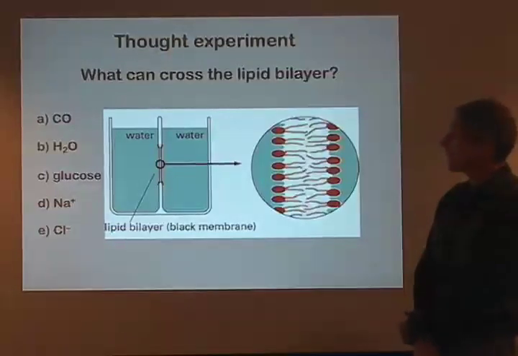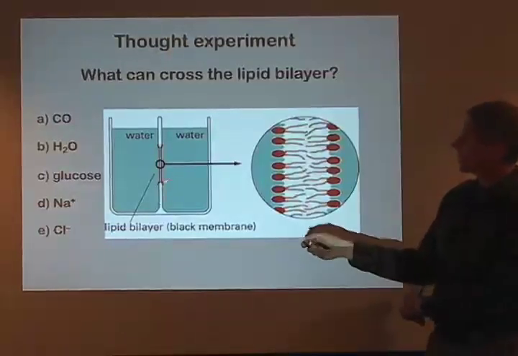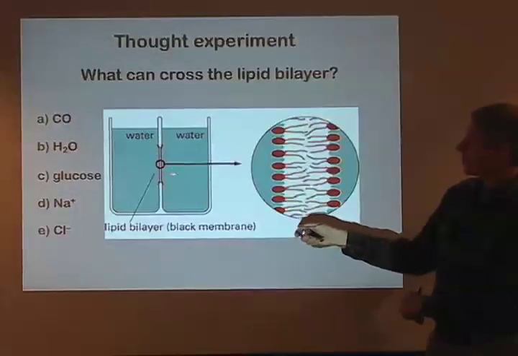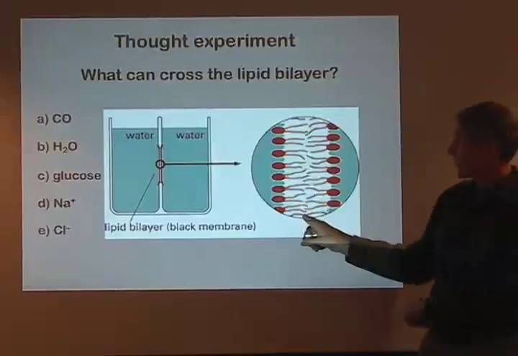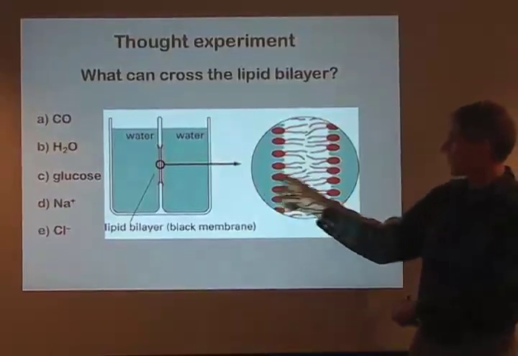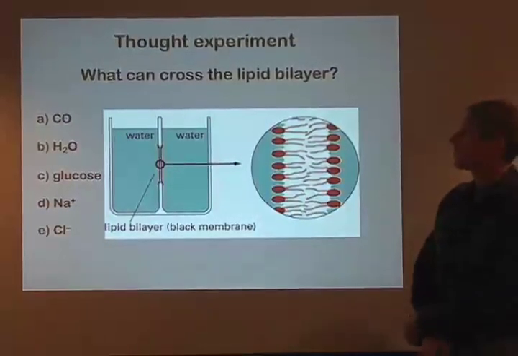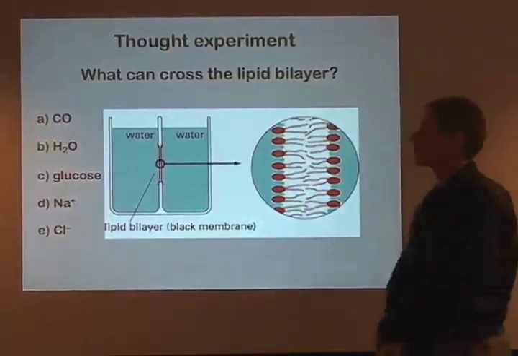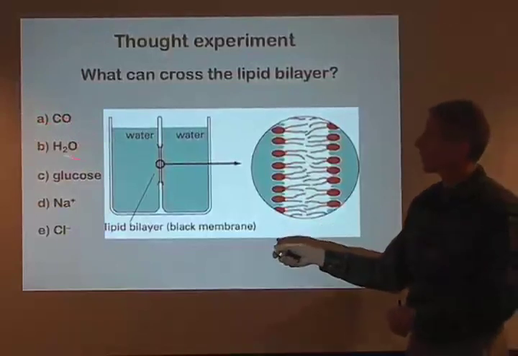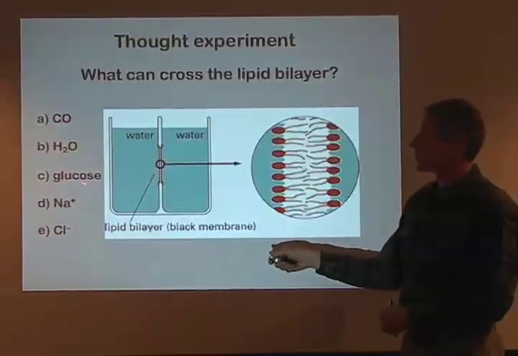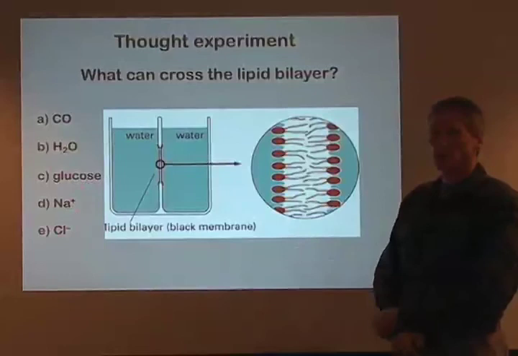Here we have a synthetic lipid bilayer in a beaker, separating two sections of the beaker. So we have the polar head group, the fatty acid tails, polar head group, water on either side. What do you suppose can get through? Carbon monoxide, water, glucose, sodium, or chloride?